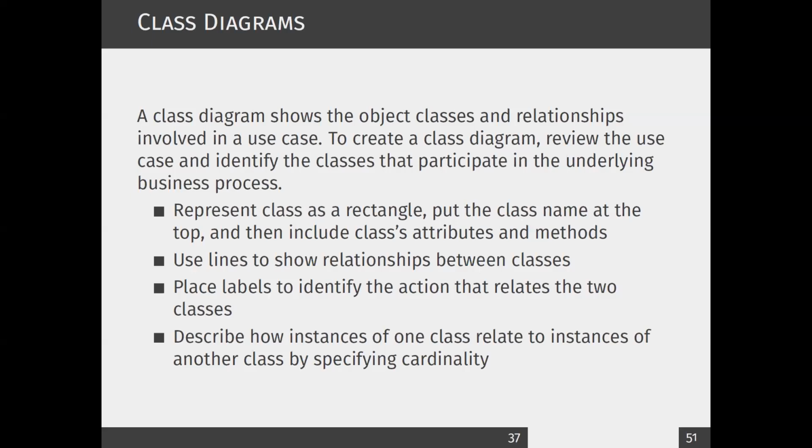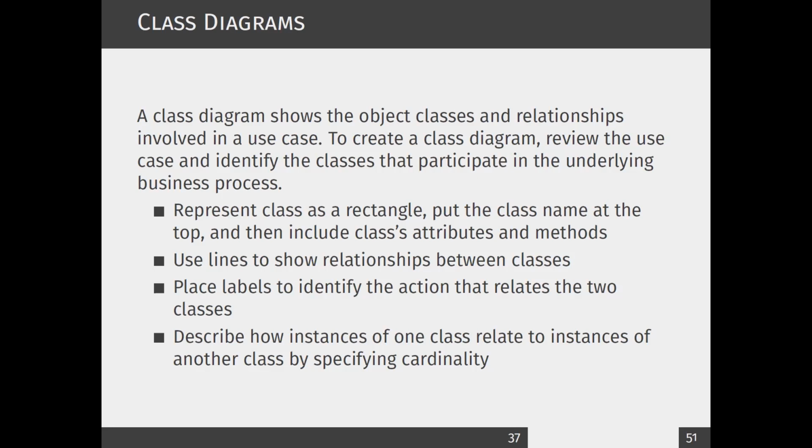Okay, let's continue our discussion. The next part is, once you have the use case diagram, for the selected use case, you can draw class diagrams. So in the class diagrams, what we have is object classes and their relationships in a particular use case.